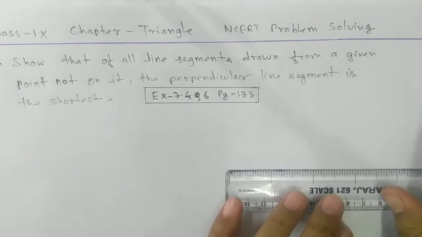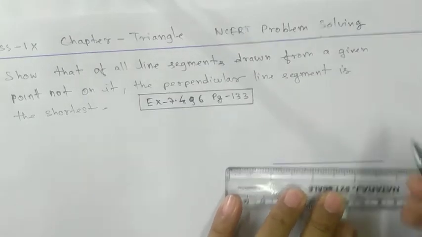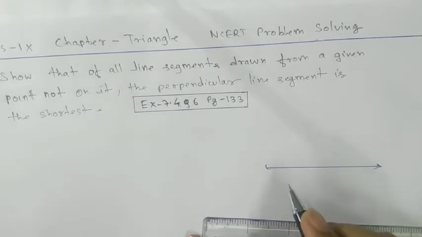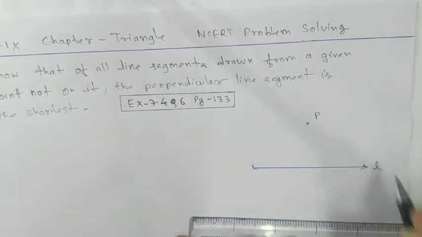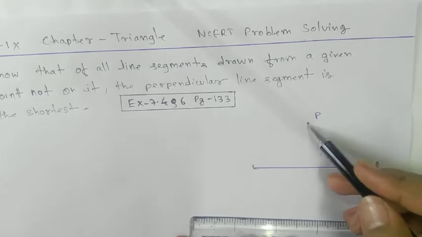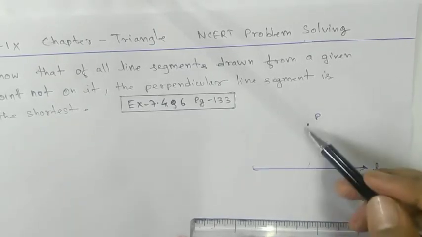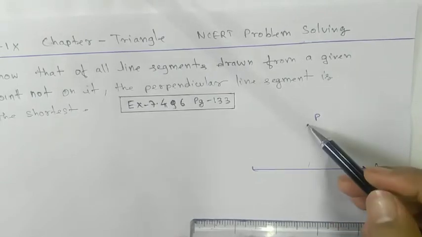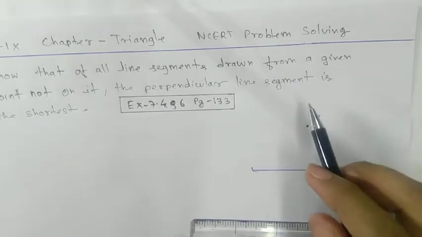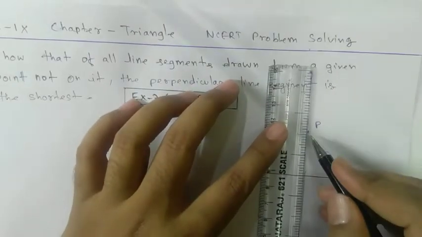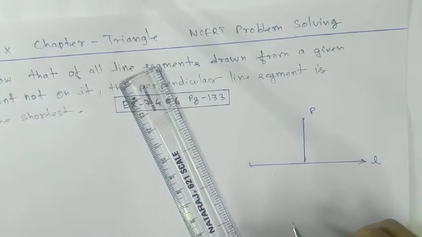They're saying that if you have a line, take a line, this is your L, and take a point P which is not on L. Okay, and if you draw any line segment through P on L, like this one, then what will happen? Only the one which is perpendicular is the shortest one.